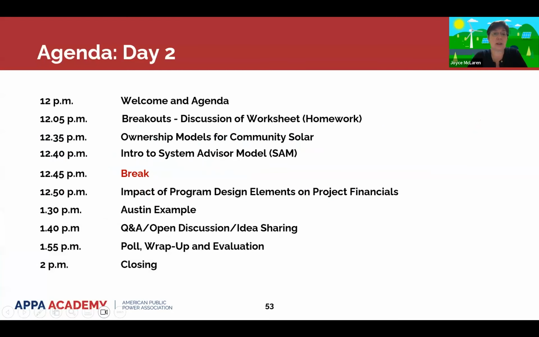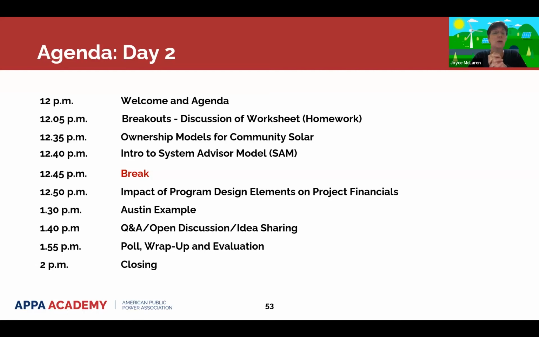We'll just go through the agenda for today. The premise for today is to understand and talk about how all of these program design elements play into the financial picture for the project.